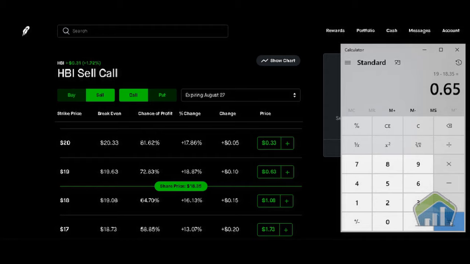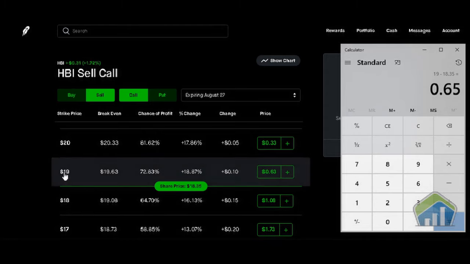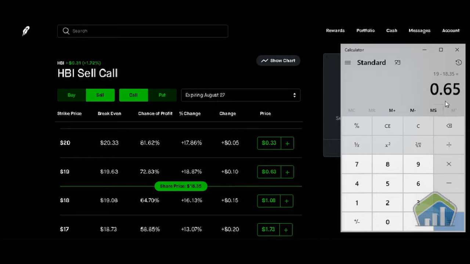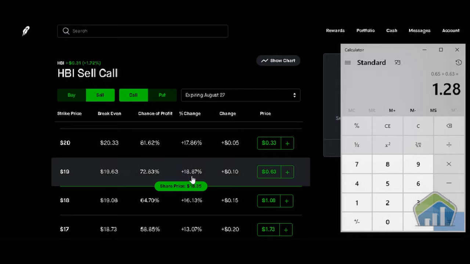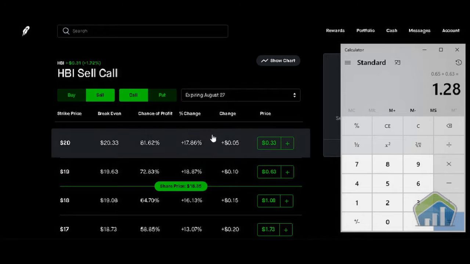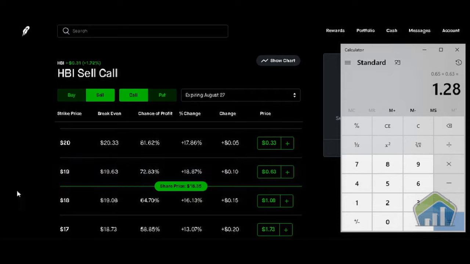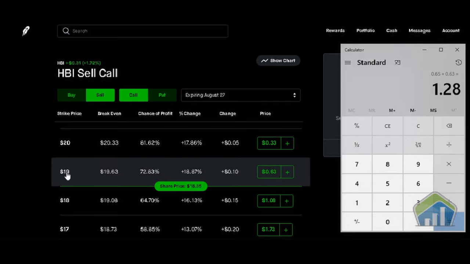So 18.35, right, is what we bought at. If we sell at 19, we're going to come out with 65 cents or $65. And then we add in the 0.63 right here. They're giving us 128, so it's going to be $128 actually, right? So if we just skip past the whole month and just chose August the 27th, right, they'll give us 63 up front, and then if it sells at $19, we'll earn a total of $128.